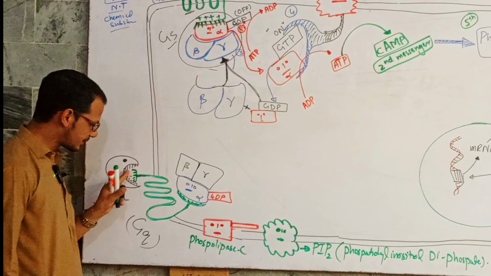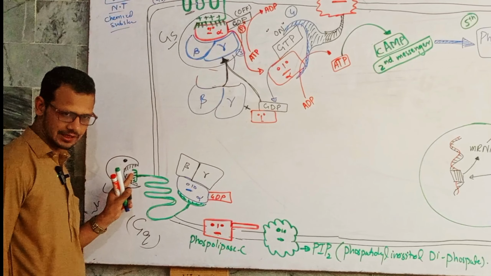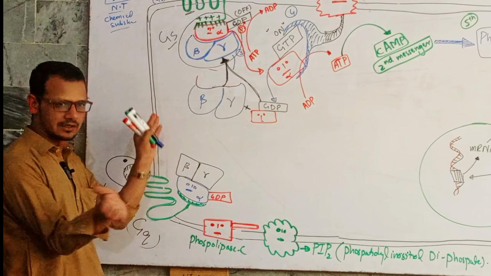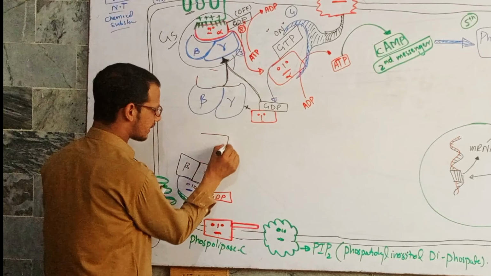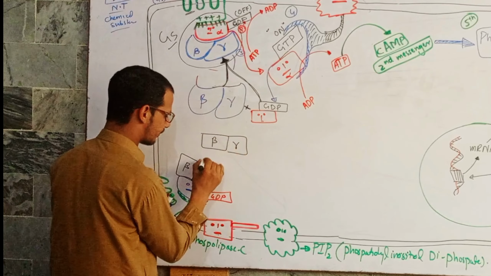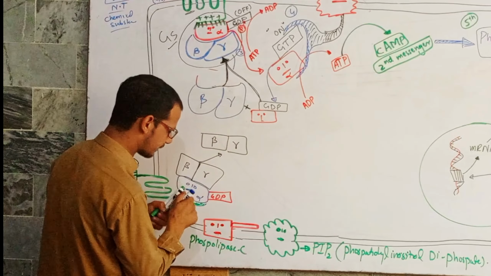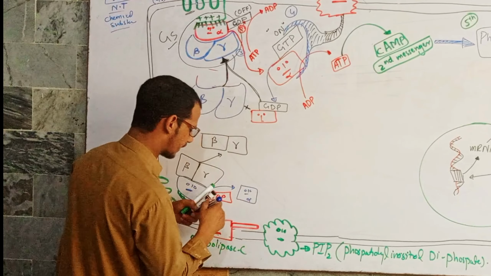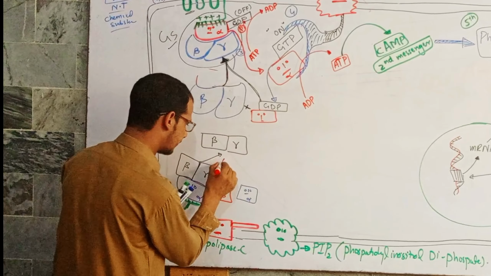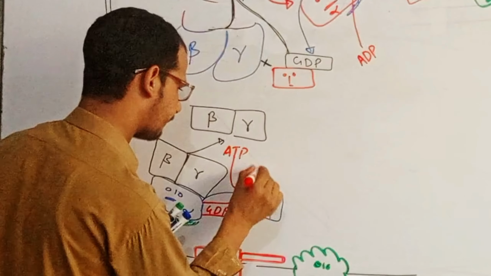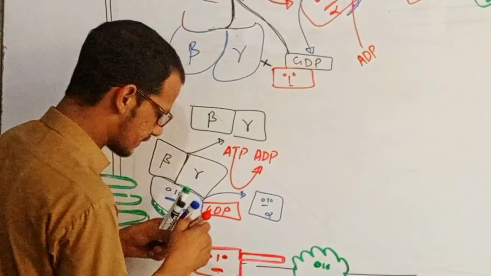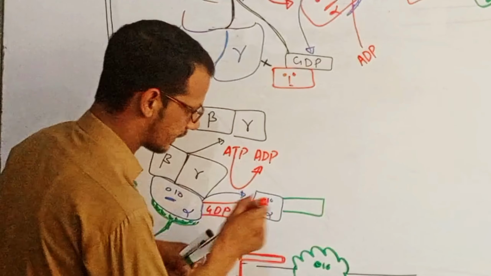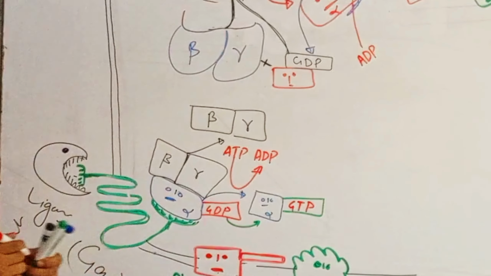By attachment of this ligand with this ligand binding site, this receptor will be activated, and with this activation, this coupling protein will separate, and when they separate, this beta and gamma, for example, are separated from this alpha unit. This is the alpha unit, and this ATP is broken down into ADP, and this GDP is converted into GTP, right?